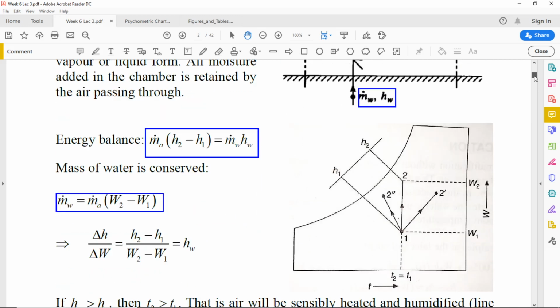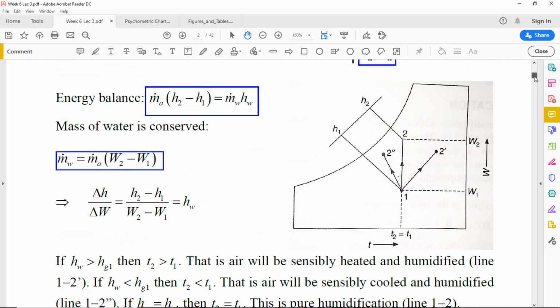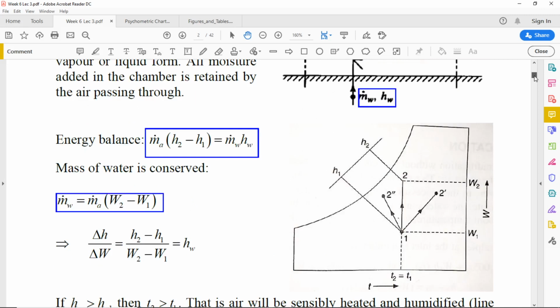These two equations can be further combined to get the result in the form of the ratio delta H by delta W. All we have to do is divide the first equation from the energy balance by m dot A throughout.